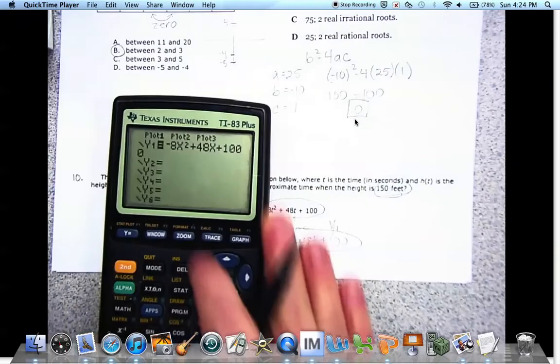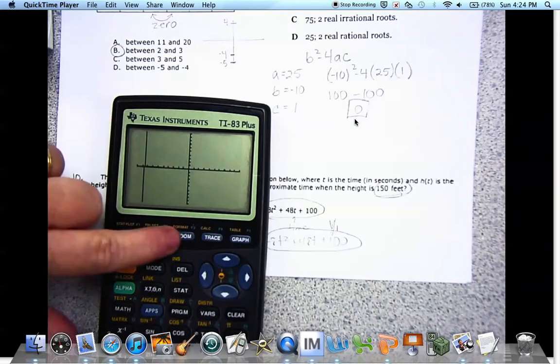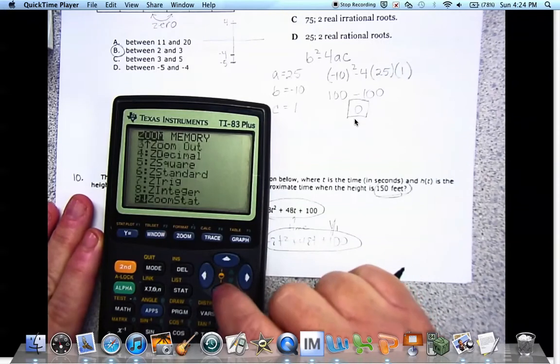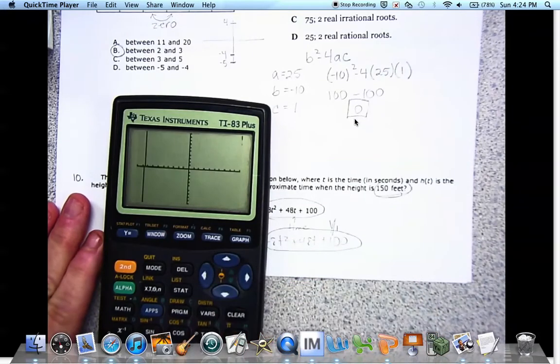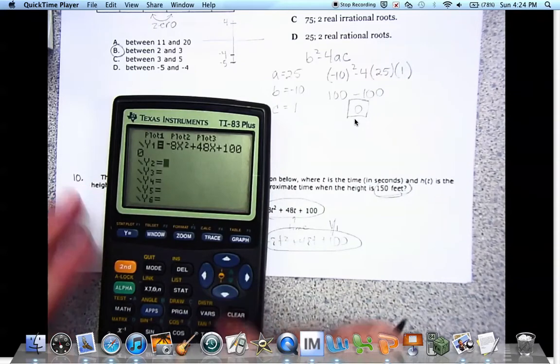Okay, we'll try zoom 6 first. If that doesn't work, we'll go to zoom fit. We can see part of it. Let's try zoom fit and see if that helps. Oh, that's pretty good. Now in Y2 we're going to put 150.